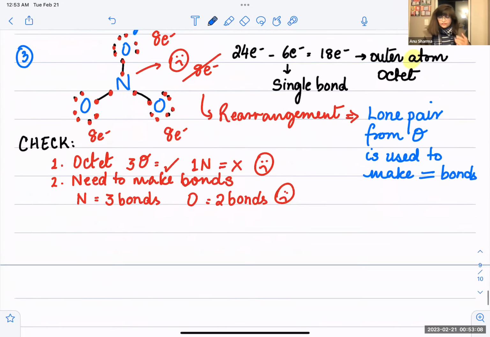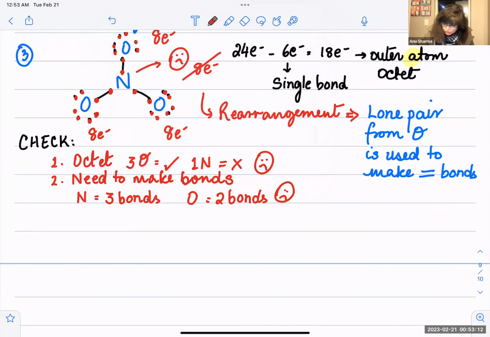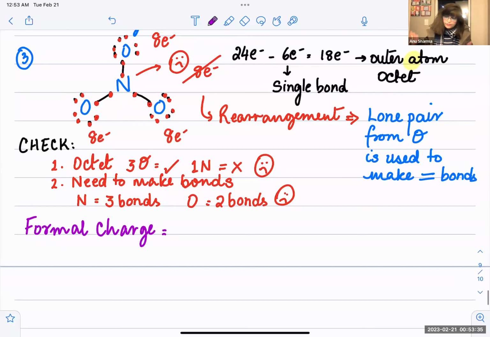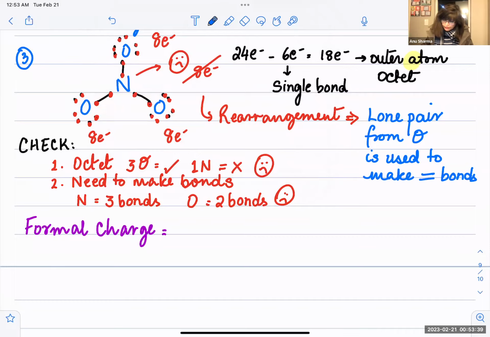Now there is also a concept of formal charge, which we are not doing here, but you should know that by the formal charge, we can verify the structure of this molecule, though not all the time. So in this case, nitrogen: either you make the bonds or you defy the octet.